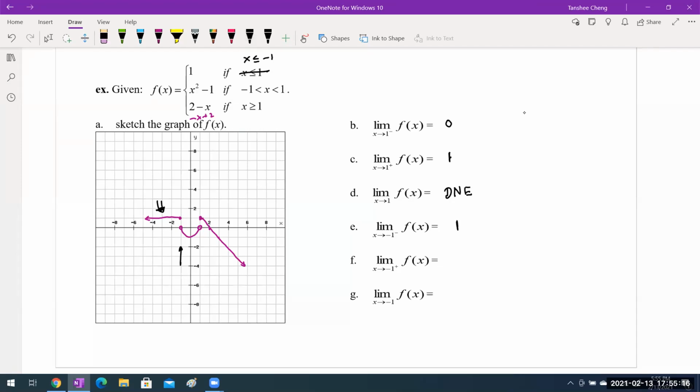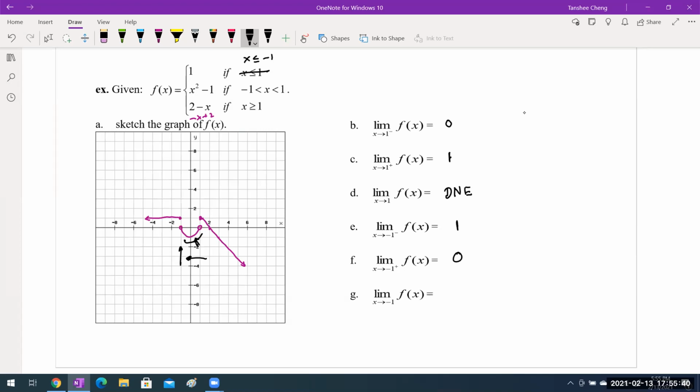Similarly, if I want to find the limit as x approaches negative 1 from the right-hand side of the function f of x, then we will be using the middle portion of the graph. So when I move x closer and closer to negative 1 from the right-hand side, the limit is approaching 0.